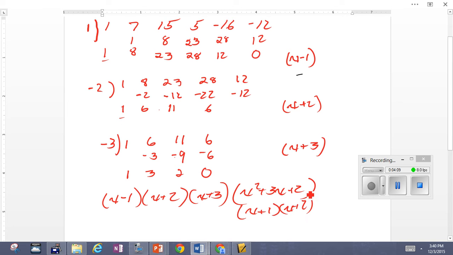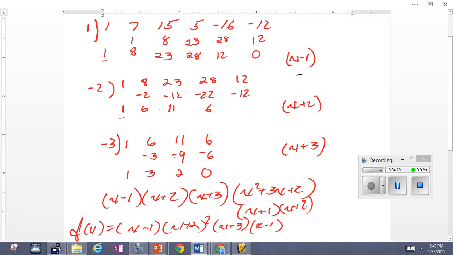Okay, so I'm fully factored now. I've got a multiplicity at x plus 2. So I have x minus 1, x plus 2 quantity squared, x plus 3, and x plus 1. And I am now fully factored, ready to graph.